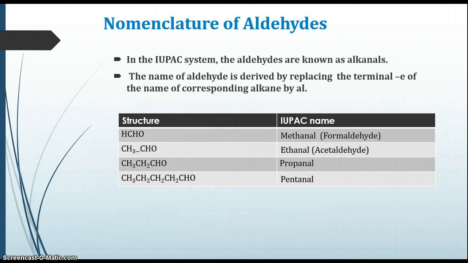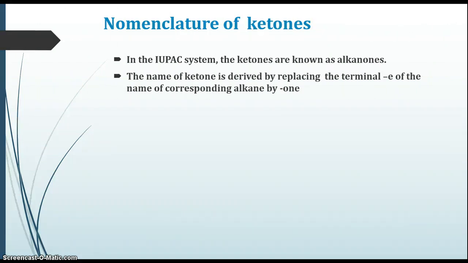And in the third example, you can see CH3CH2CHO. So three carbon atoms corresponds to propane. Replacing the terminal E once again with Al, we get propanal. And the last example is of 5 carbon atoms, giving you pentanal.